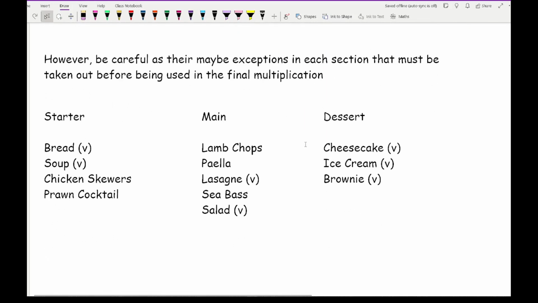However, you do need to be careful where there may be some exceptions in certain sections. So, for example, let's say we wanted to find the total number of vegetarian options.